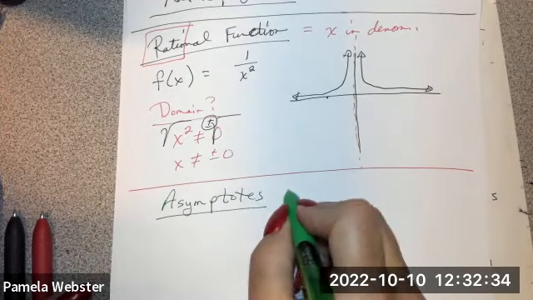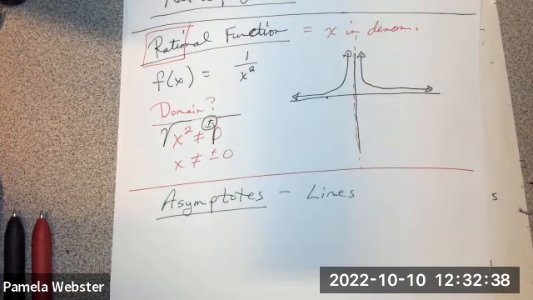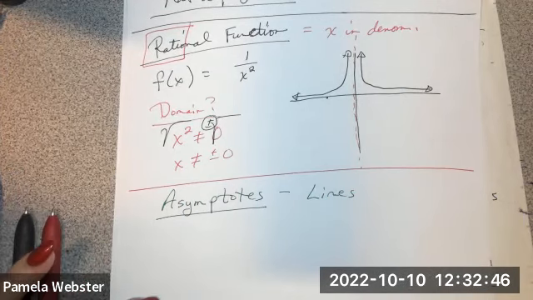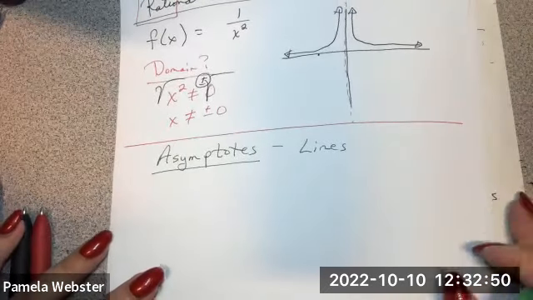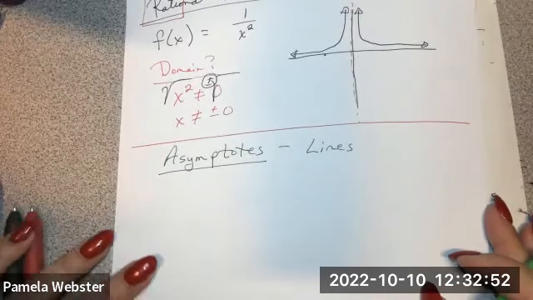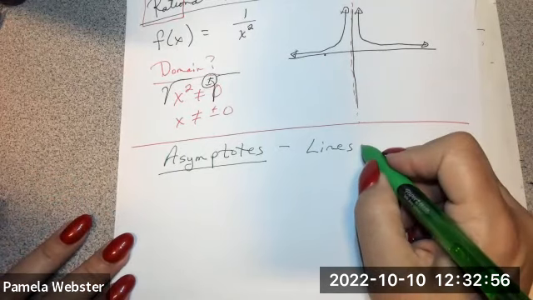Asymptotes. Okay. Asymptotes are, in our case, going to be lines. They can be other shapes, so they could be a quadratic or something like that. But for our purposes, it's always a line. If you got into a really advanced math class, you might see some parabolic asymptotes that are quadratic or something, but this is not going to be that.